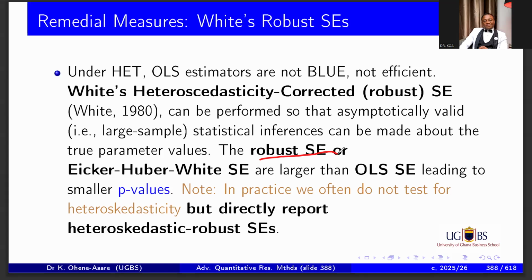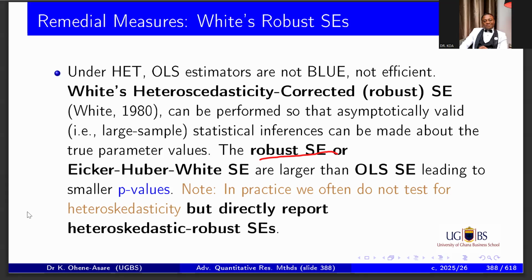Okay, and these will correct for the problem. In practice, we do not test for heteroscedasticity, but directly report them. But I like this because I've used it to write a paper before, and this is one of the best ones to deal with heteroscedasticity.